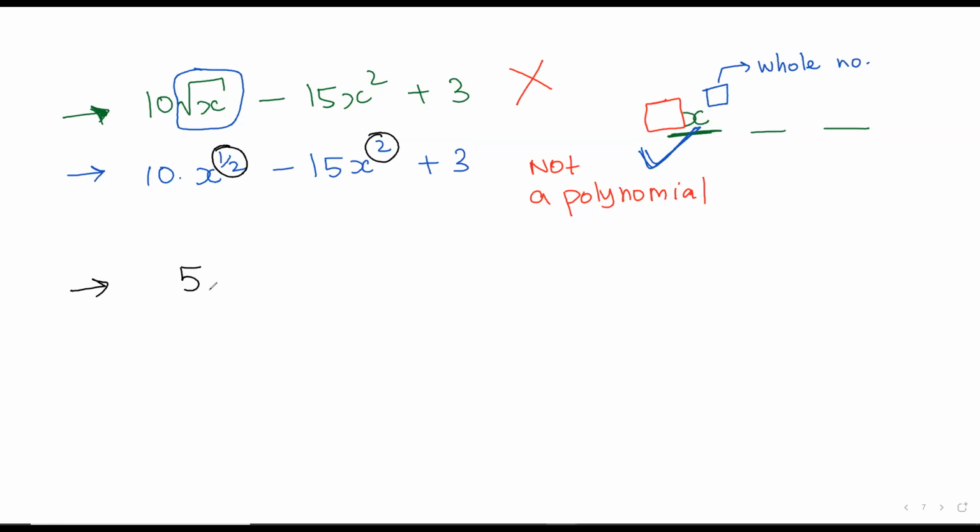See here. A polynomial is basically, as you said, Mridula, an algebraic expression, right? And in an algebraic expression, our polynomial is made up of different terms.